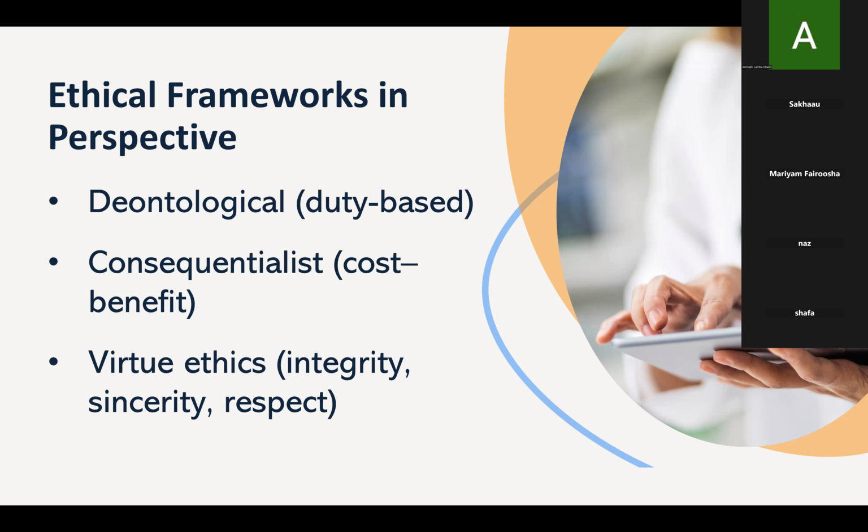And then there are the virtue ethics, which actually focus on the virtues: integrity, sincerity, respect. So there are certain virtues that you take, and then you focus on those. Depending on what framework you choose, you have to abide by those frameworks.